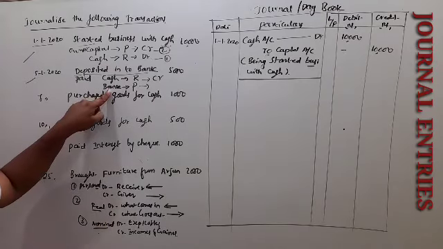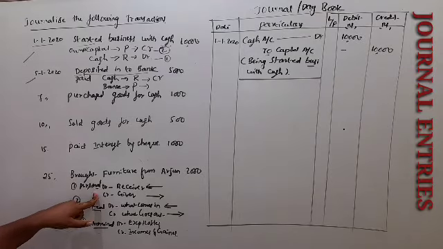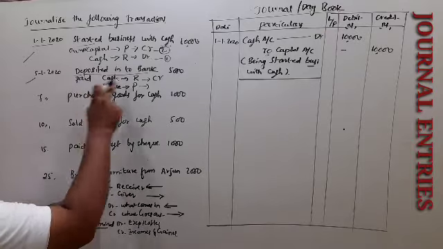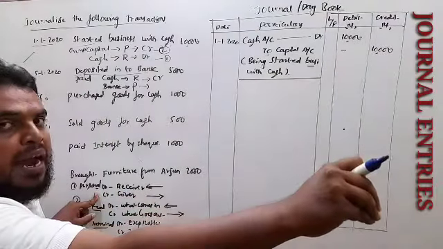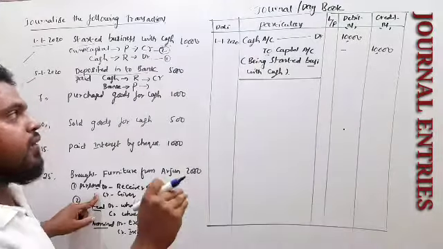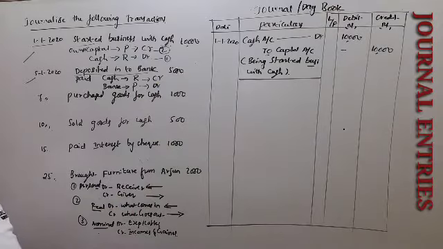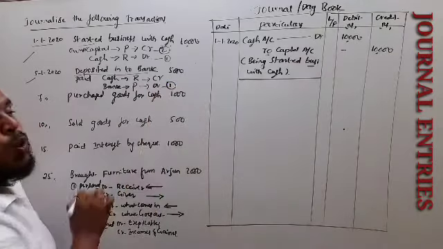Now bank comes under a personal account. Bank is the receiver here. Debit the receiver. We are depositing the amount into the bank, so bank is the receiver, this is the debit side. Now the entry you have to pass under the journal, the first debit entry you have to record.